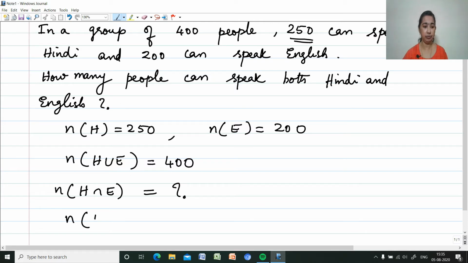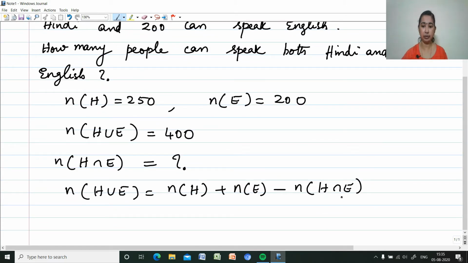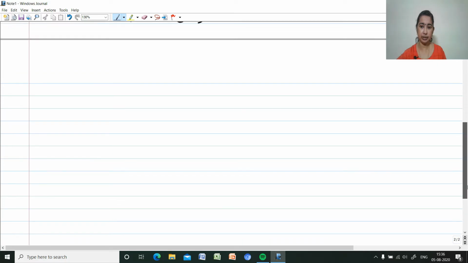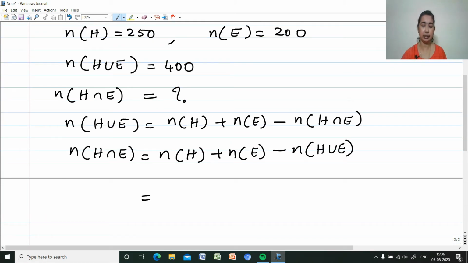We know the formula n of H union E is equal to n of H plus n of E minus n of H intersection E. Substituting the values, we can find n of H intersection E. Taking it to this side, n of H intersection E is equal to n of H plus n of E minus n of H union E. Substituting, n of H is 250, n of E is 200 and n of H union E is 400.